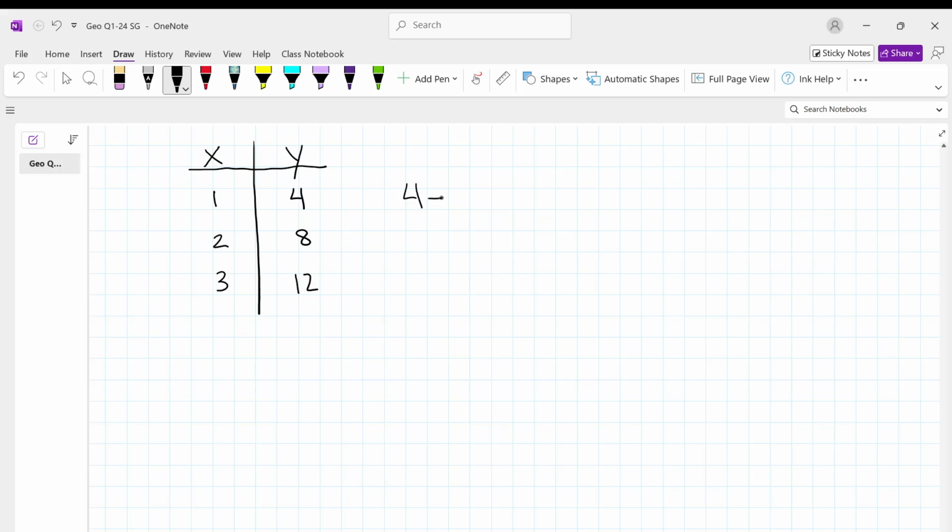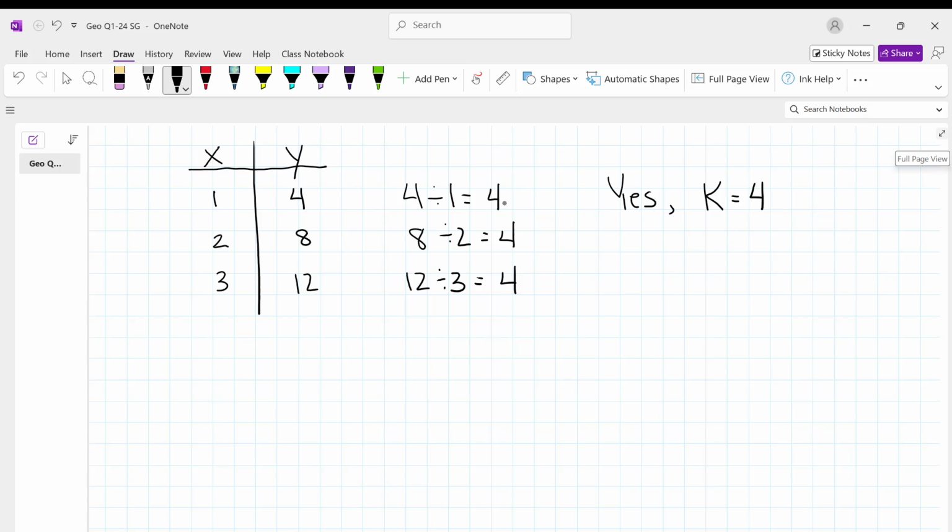We take 4, divide it by 1, we get 4. We take 8, divide it by 2, we get 4. We take 12, divide it by 3, we get 4. So does y vary directly with x? Yes. k is equal to 4, our constant. When we divide y by x, we get the same thing every time.